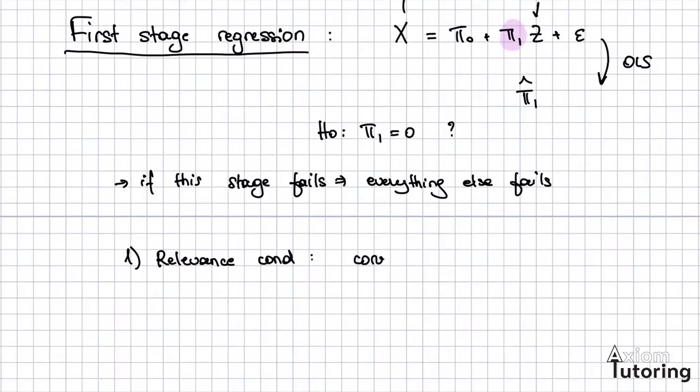The math is that the covariance between Z and X is different from 0. Okay, so the instrument must be correlated with the endogenous variable. So Z must actually change X. And again, this is the only IV condition that is directly testable with data. You simply run the first stage regression and check whether pi 1 is statistically significant and economically significant.